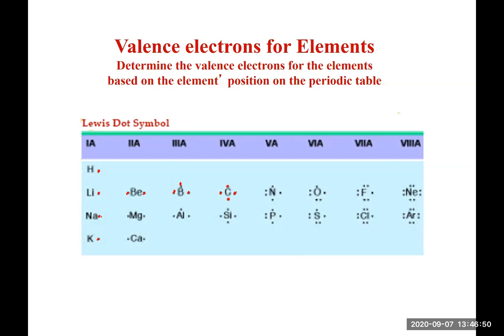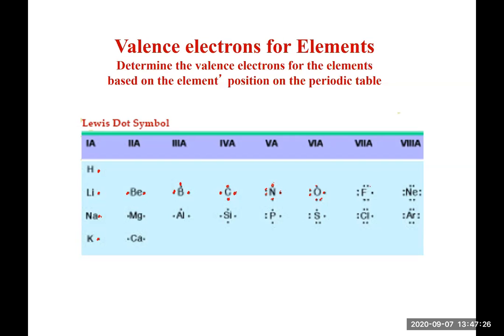Group 5A, there are 5 valence electrons in the outer valence shell, and so we will draw them 1, 2, 3, 4, as far apart as we can get them, and then we will start pairing them up. Group 6A, there are 6 valence electrons, and so again we will draw them 1, 2, 3, 4, surrounding the structure as far apart as we can get them, and then we will start pairing them up.